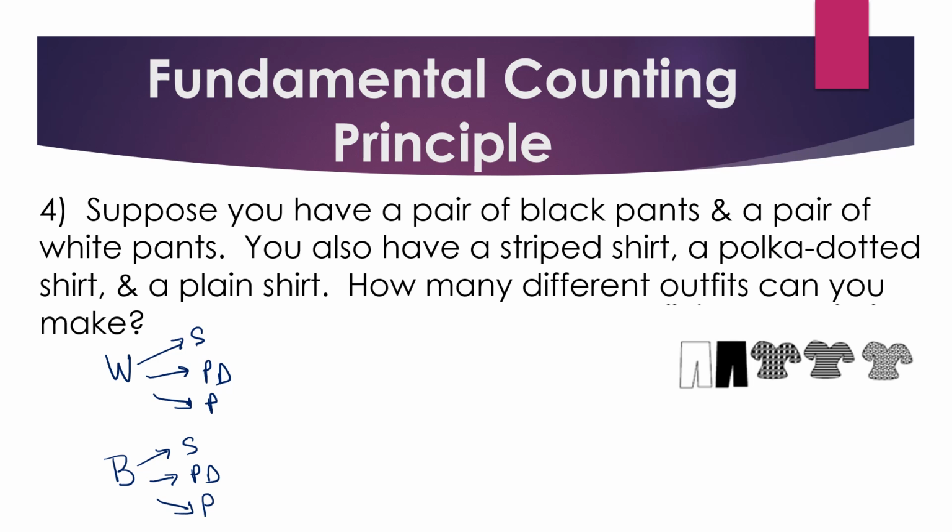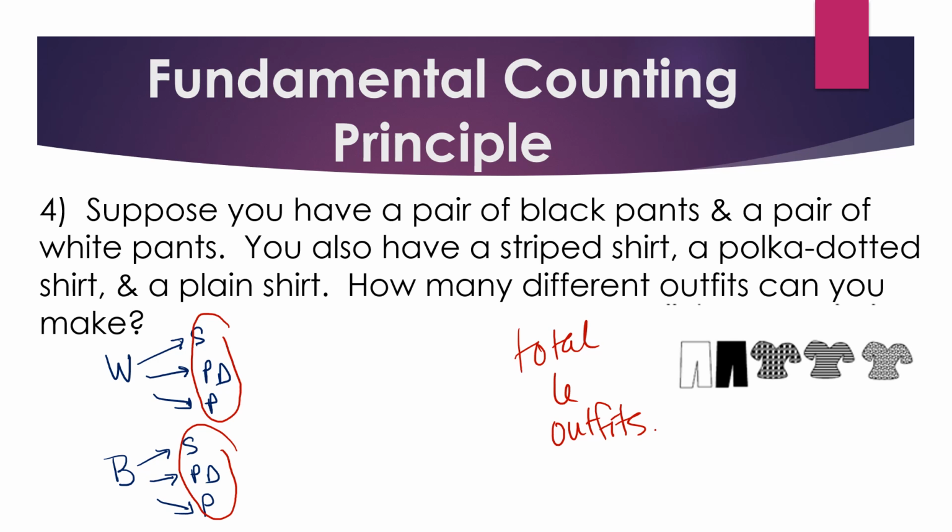So at the tail end, if you count all of the final things at the end of your tree diagram, you see you've got 3 outfits with the white pants and 3 outfits with the black pants. So you have a total of 6 outfits. So that's one way to do it.